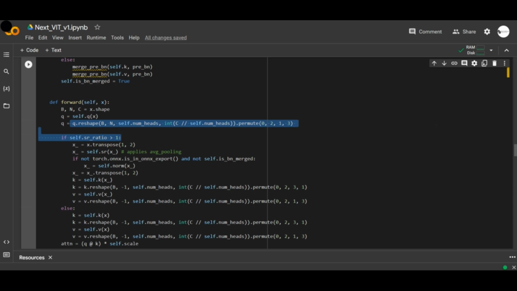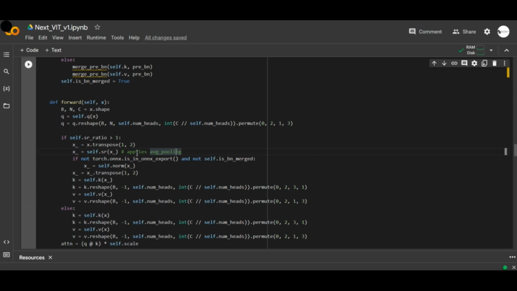This is essentially done to facilitate the multi-head self-attention mechanism. The purpose of these permutations is to split the channel into multiple heads, so each head can attend to different parts of the input sequence in parallel.